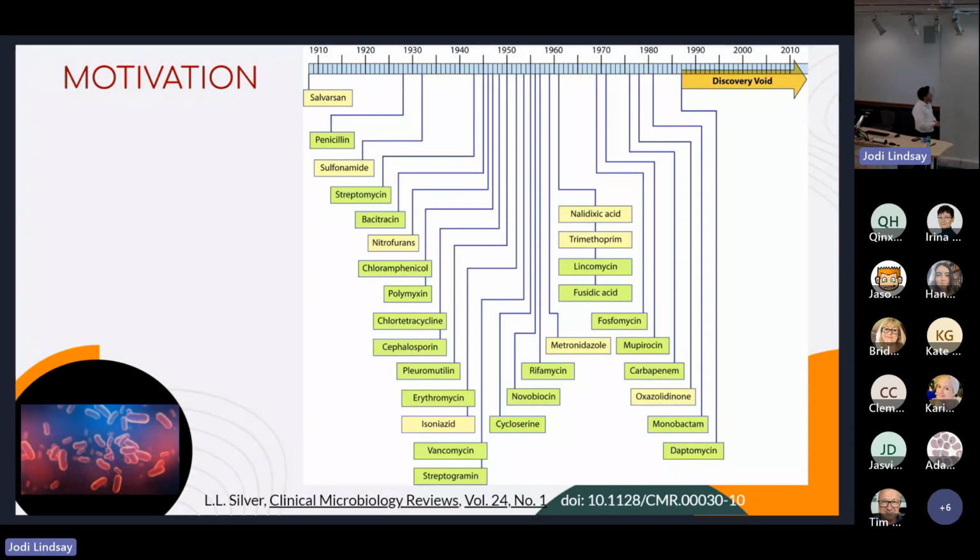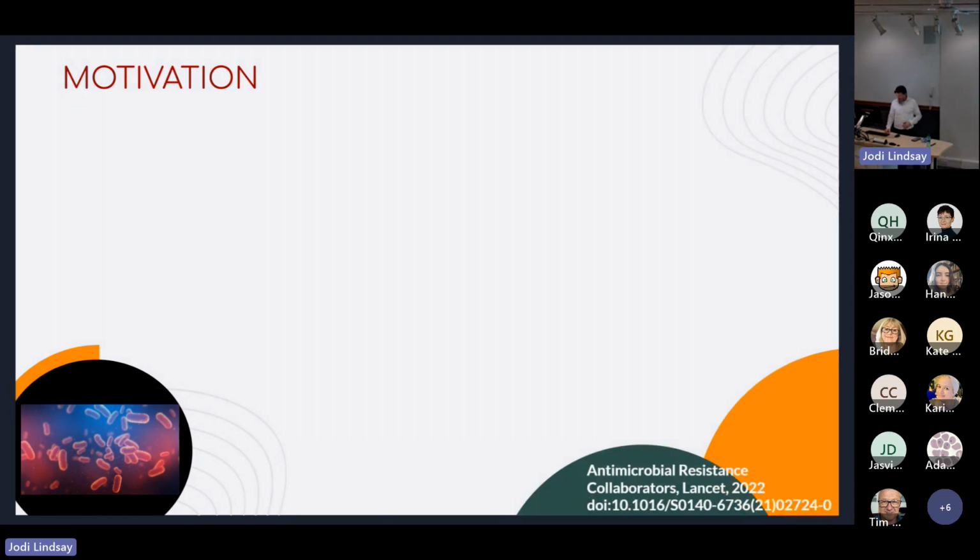Starting with the peptides. As you may all know, antibiotics are really important, not only for treating infections, but also for all kinds of operations that without antibiotics, the precaution would not really work. And in the last decades, we have what's often now called the discovery void. So there's not much going on.